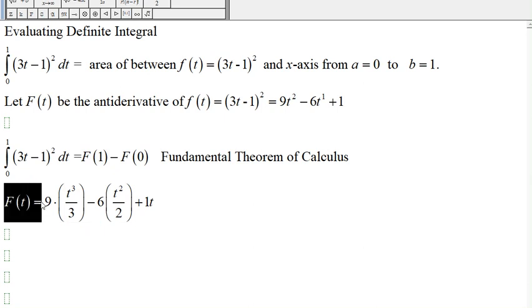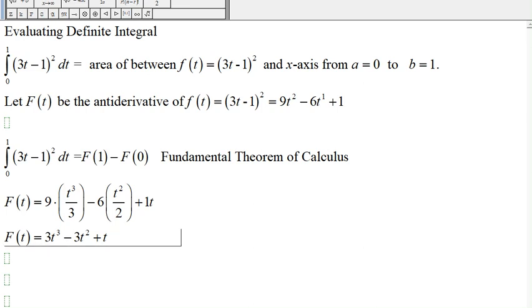And so F of t, 9 times t to the third divided by 3 would be 3t to the third. And then minus 6 times t to the second divided by 2 would be 3t to the second. And then plus 1t.